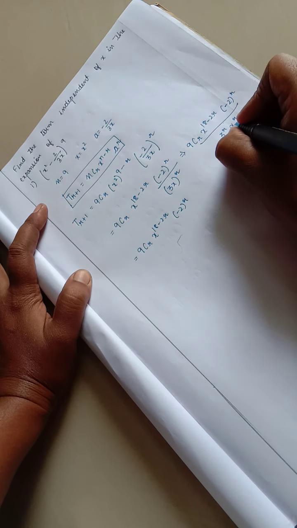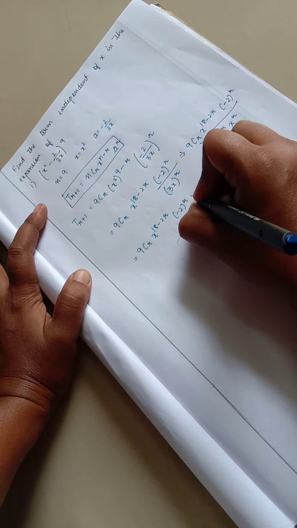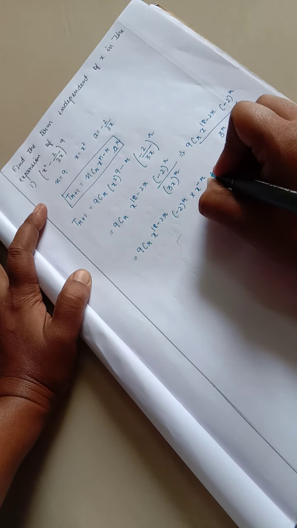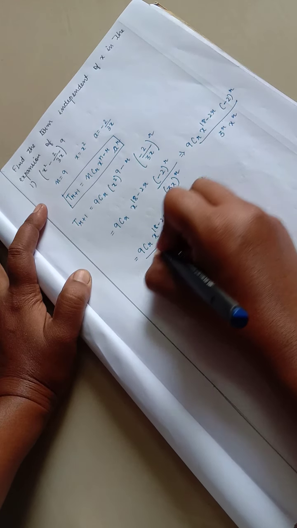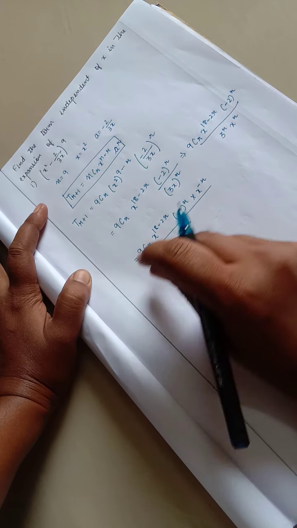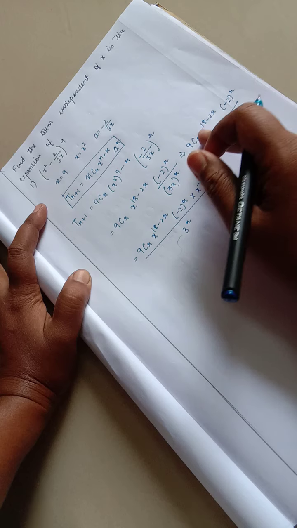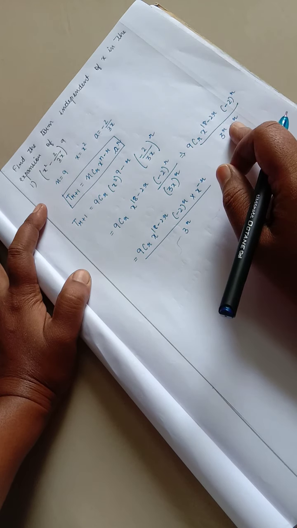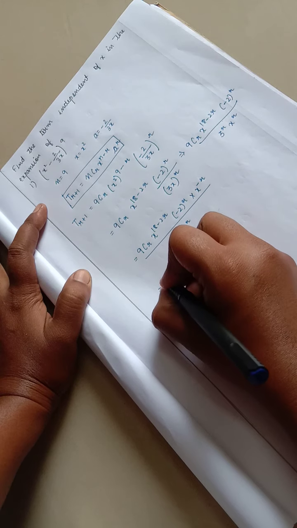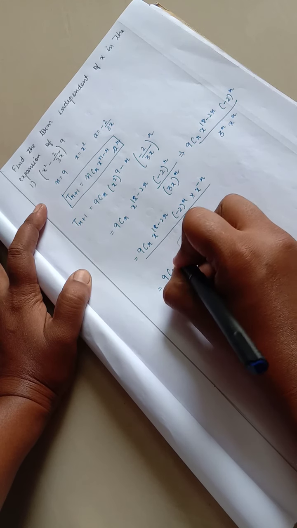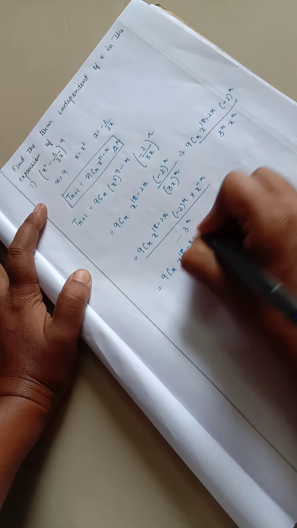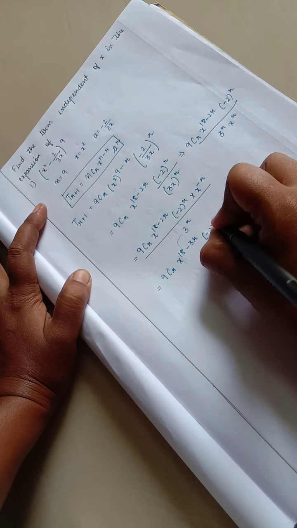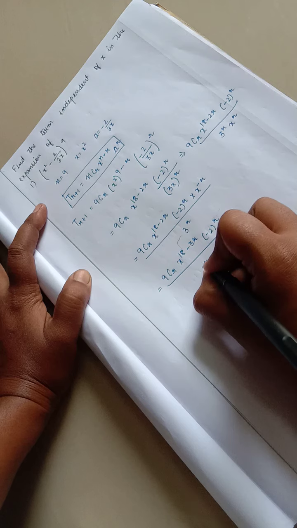If this x^r goes to the denominator, in the numerator it becomes x^(-r), then by 3^r. So 9Cr, then x^(18-3r), this r will go there, then (-2)^r by 3^r.